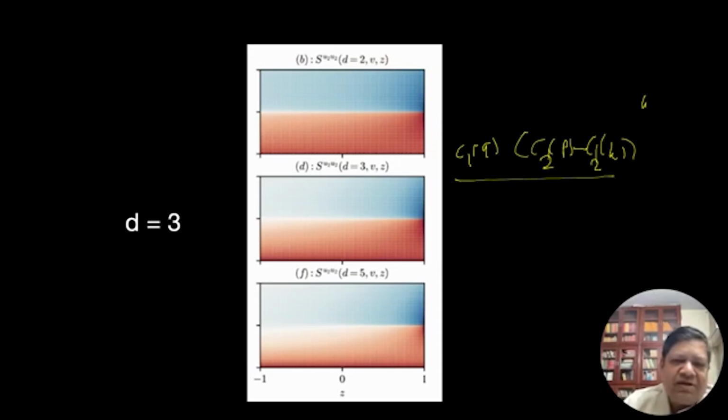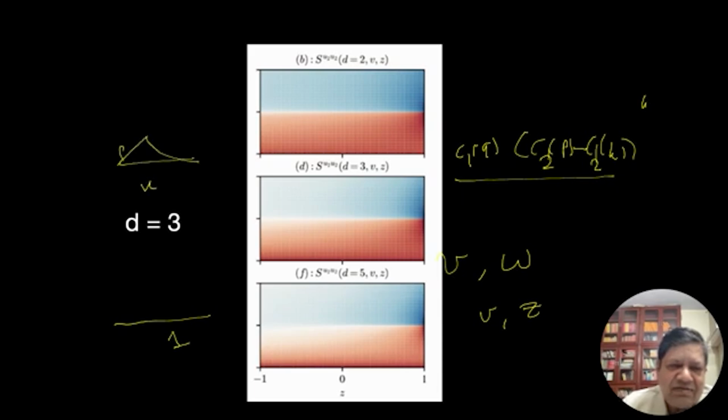Now we can make a change of variable to V and W, or V and Z. So what we are doing here is, we had K, P, Q, but make scale so that K equal to 1.